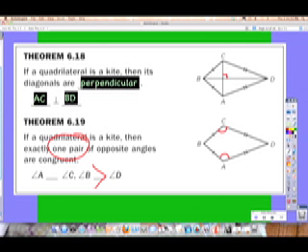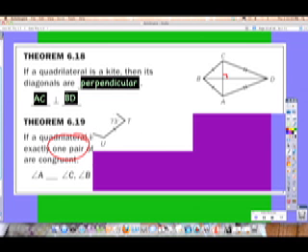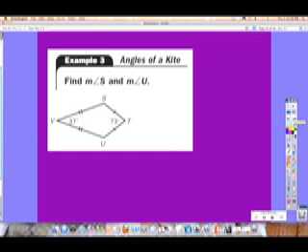How did you figure out S and U if this is what you're given? Ellie, thanks for raising your hand. What'd you do? Okay, Ellie, go ahead. So S and U are congruent, and the whole thing equals 360 degrees. So 37 plus 73 equals whatever it equals. What is it, guys? Okay.